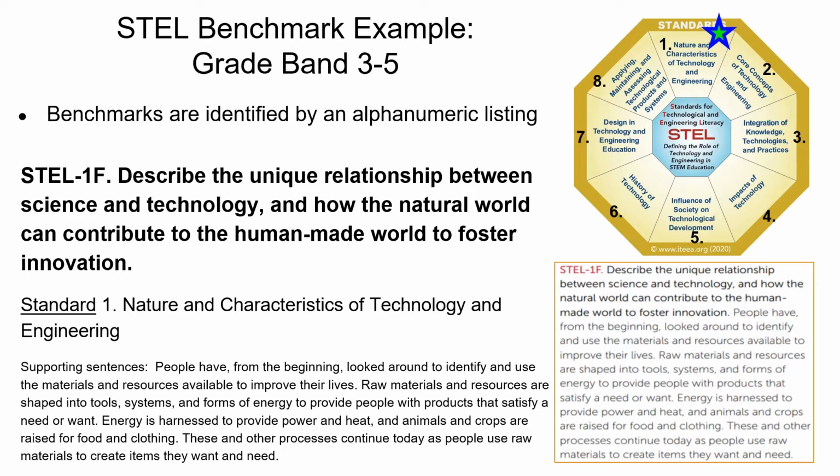People have from the beginning looked around to identify and use the materials and resources available to improve their lives. Raw materials and resources are shaped into tools, systems, and forms of energy to provide people with products that satisfy a need or a want. Energy is harnessed to provide power and heat, and animals and crops are raised for food and clothing. These and other processes continue today as people use raw materials to create items they need and want.